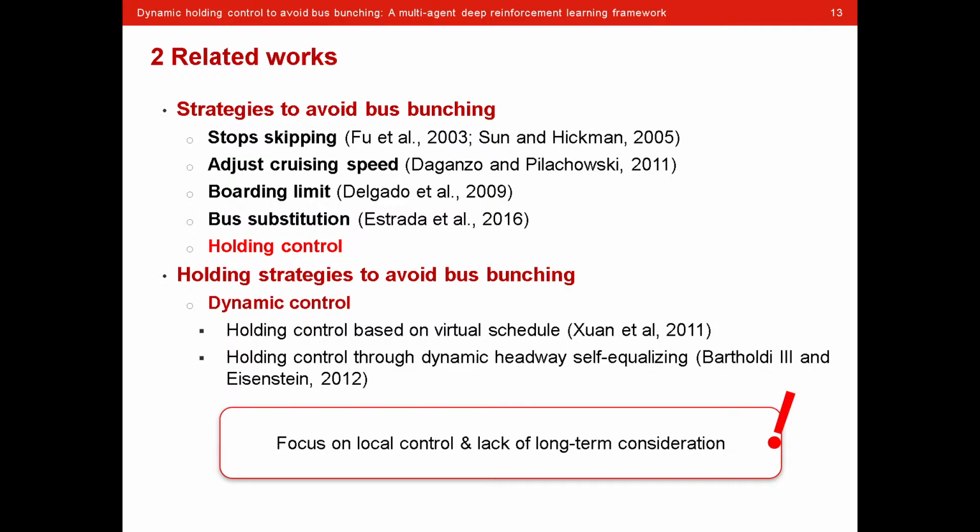So with this in mind, we want to develop a method to solve these two drawbacks. For the local control, multi-engine consideration will be a good solution. For the lack of long-term consideration, deep reinforcement learning is exactly the one we can choose. So multi-engine deep reinforcement learning is the solution to the holding control for bus bunching. That's what our research does today.